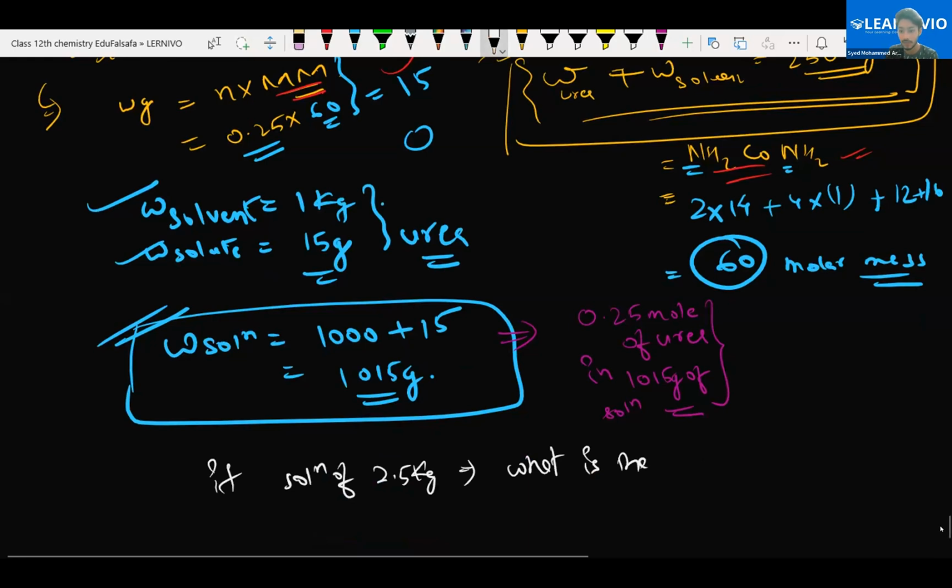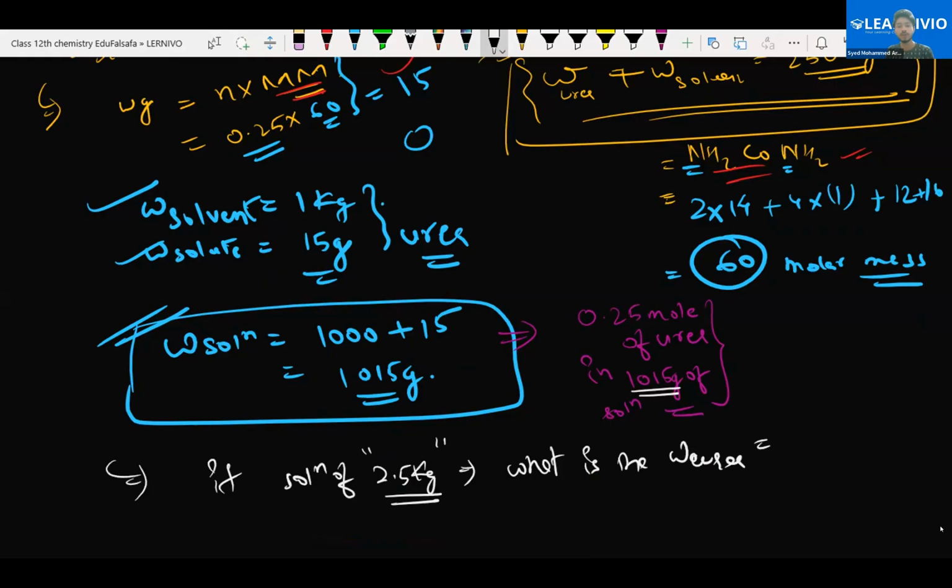We just found the weight of urea in this much solution, but the question asked me to calculate the weight of urea in this. So just by using the unitary method we can end up getting this.